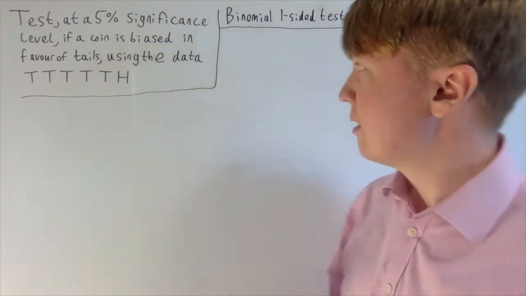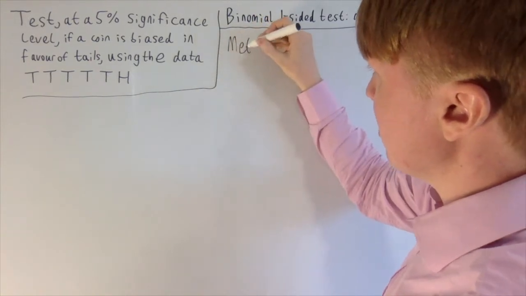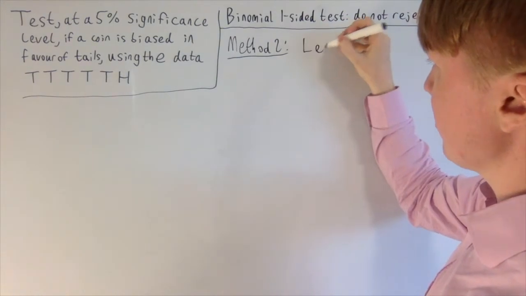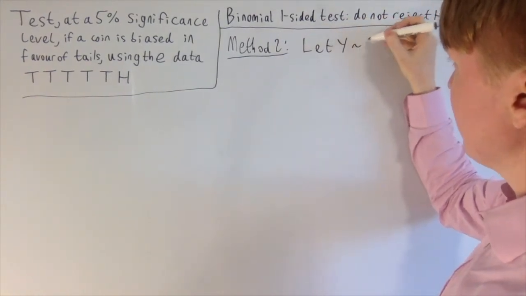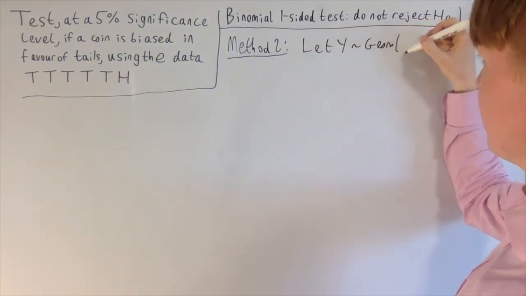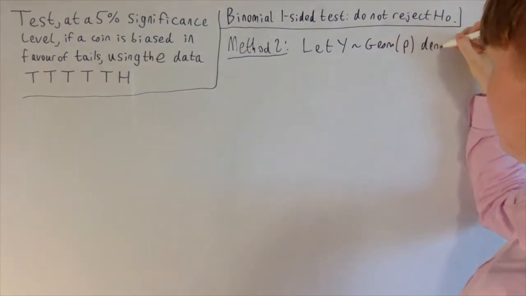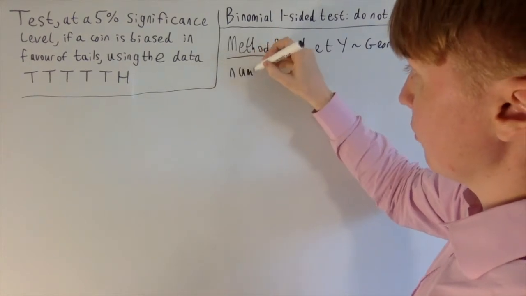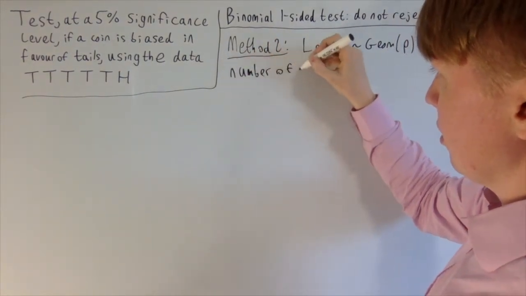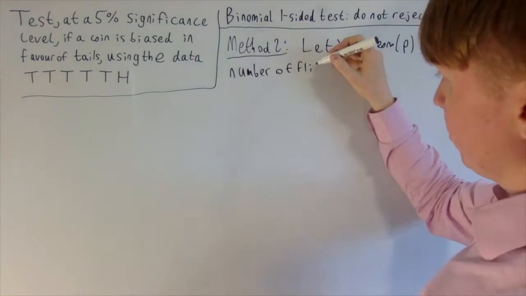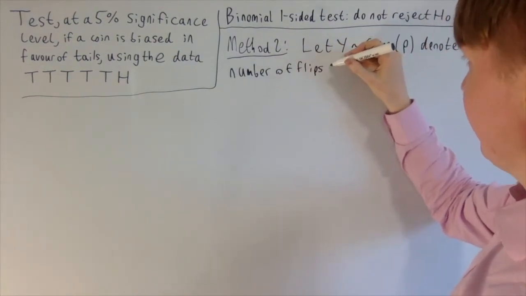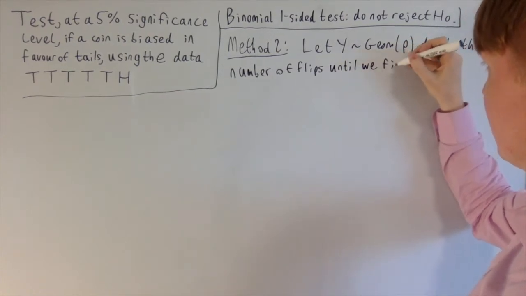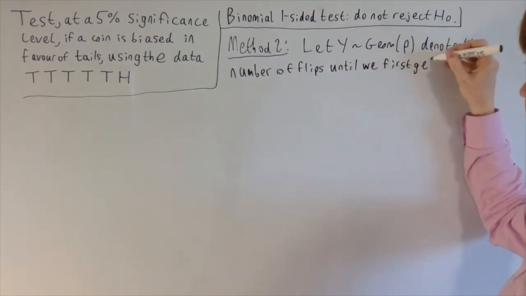So here, for method 2, we now let Y be geometric with parameter p, denoting the number of flips, including the final one where we get heads, until we first get heads.